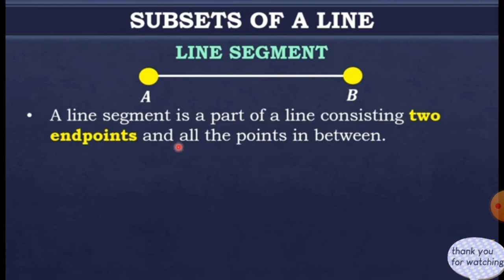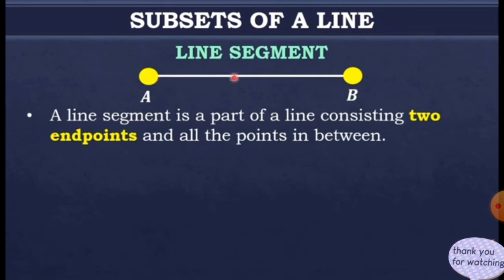So, masusukat natin ito. So, pag sinabi nating line segment, ang pinakatatandaan lang po natin dyan ay meron po siyang dalawang endpoints. So, it is definite. Okay? So, ang points niya lang po, since dalawang endpoints, ang tanging points niya lang ay yung dalawang endpoints and all the points in between. So, meron po tayong mga points dyan.